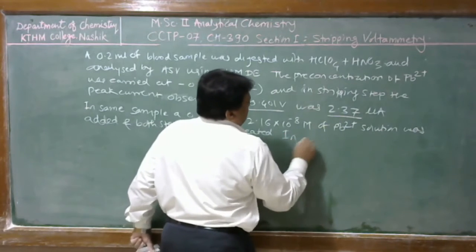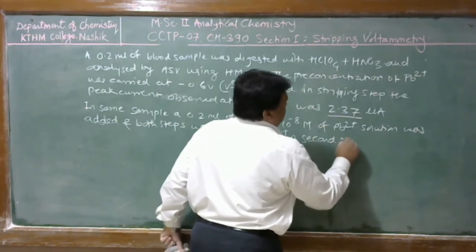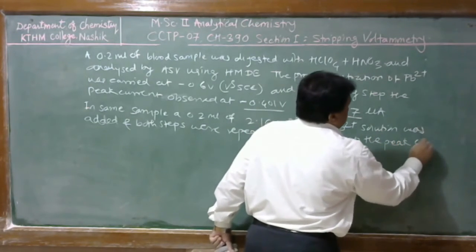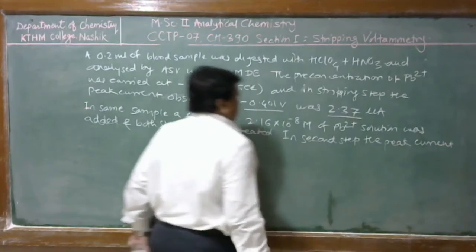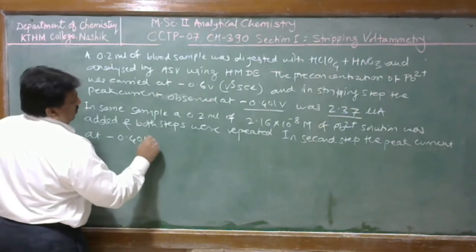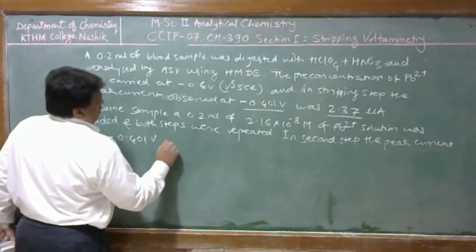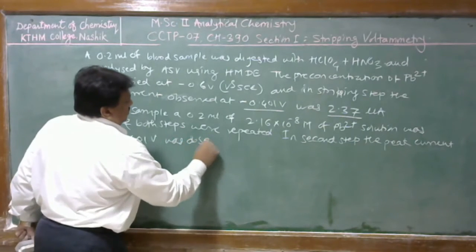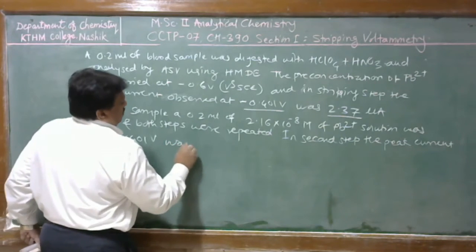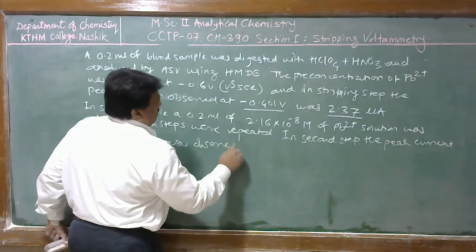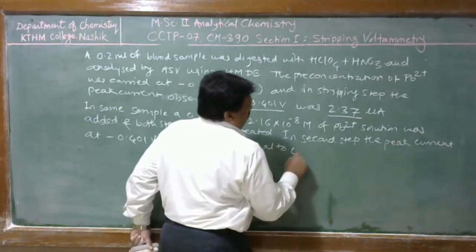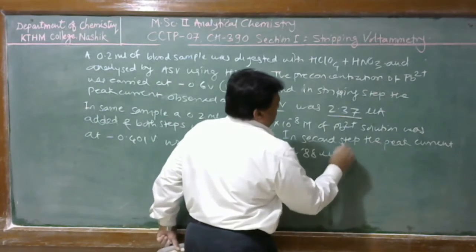In the second step, the peak current at minus 0.401 volt was observed equal to 4.88 microampere.